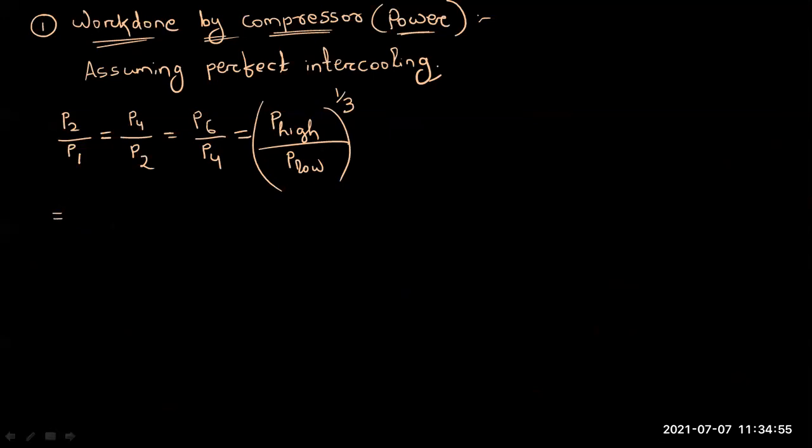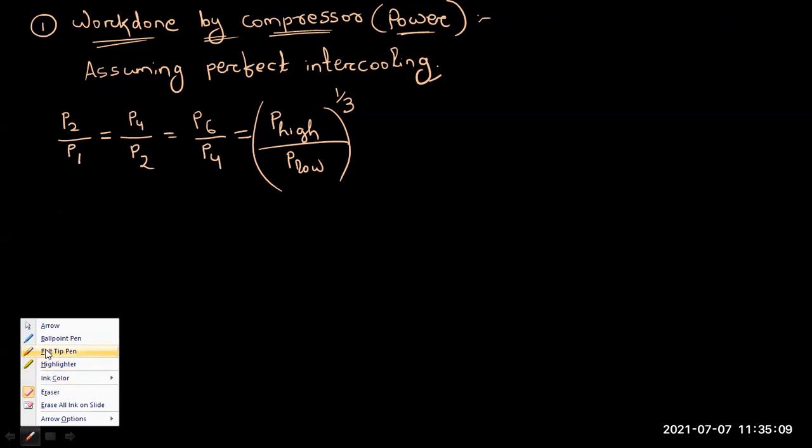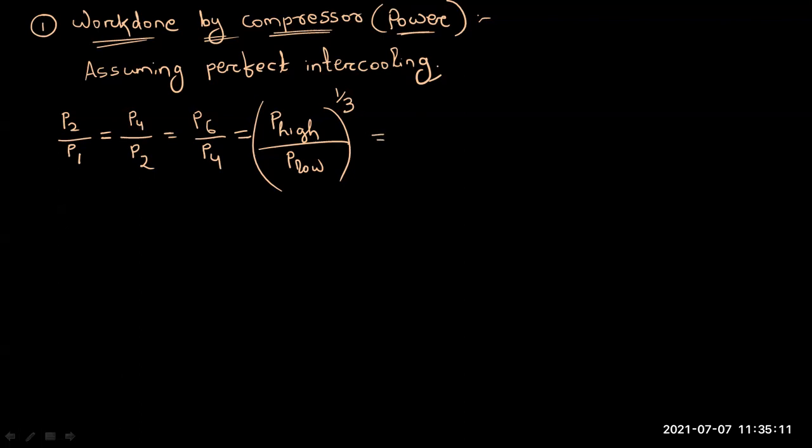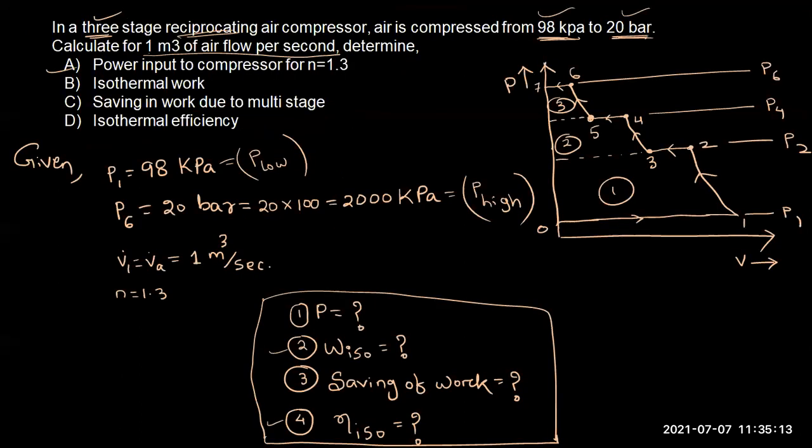That implies from this formula I can write P2 by P1 equal to, what is P high? The highest pressure is 2000 kilopascal, the lowest pressure is 98 kilopascal.